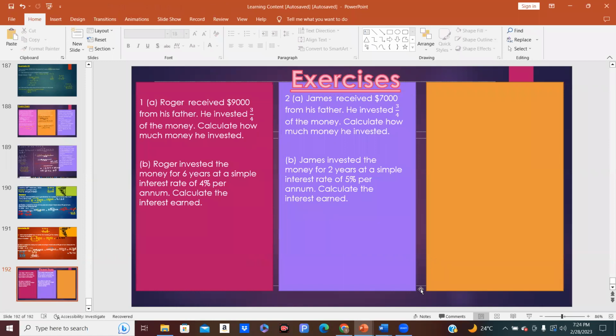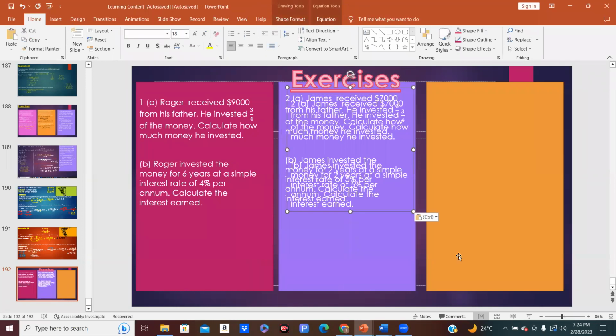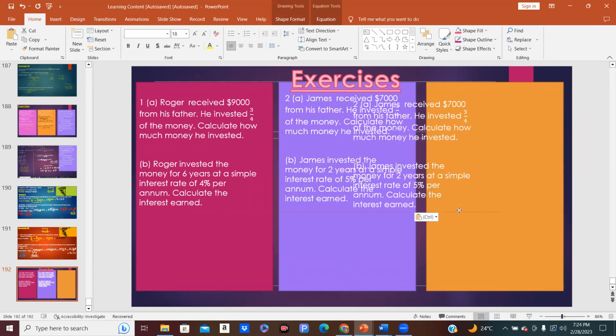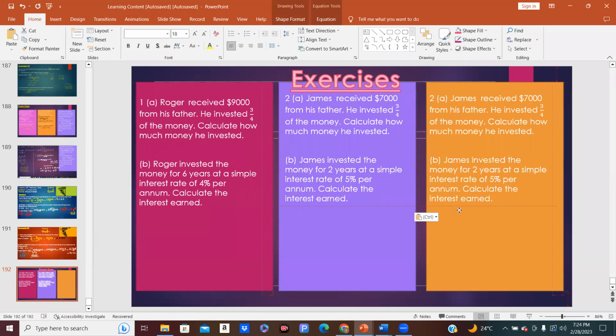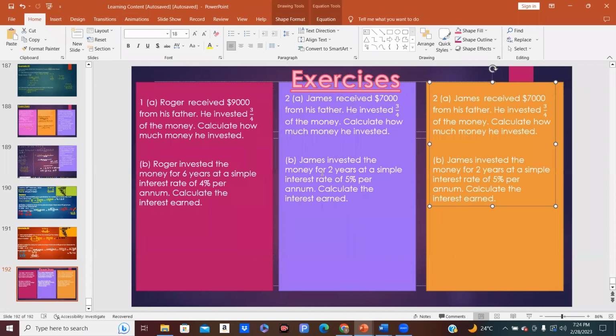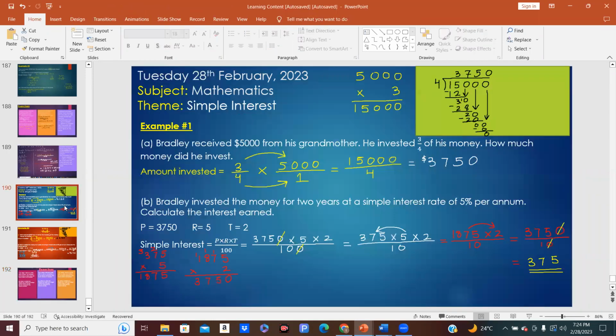Excuse me, Mr. Petit, could you please go back to the first slide? This is Otisa. Okay, sure, I can go back. Otisa, I don't have the picture of your notes, so I need you to take pictures of your notes and send them to me, please. Do you understand that? All right, Otisa, sorry.